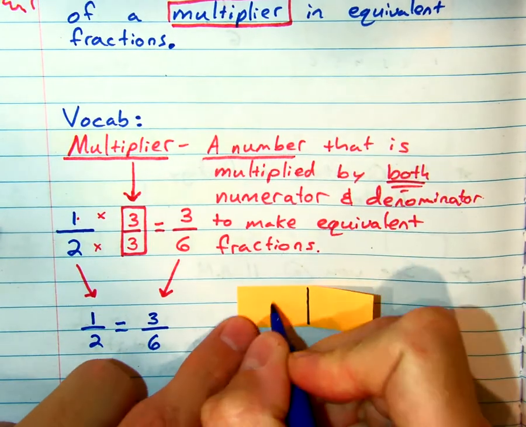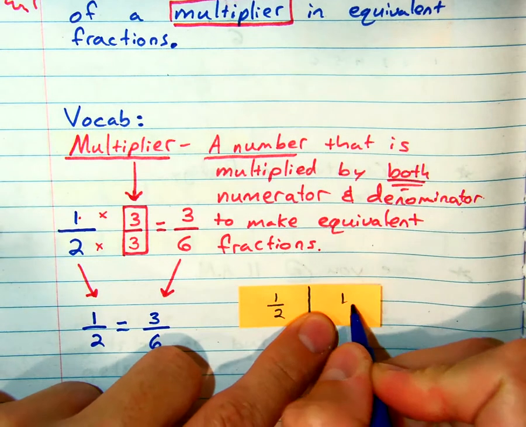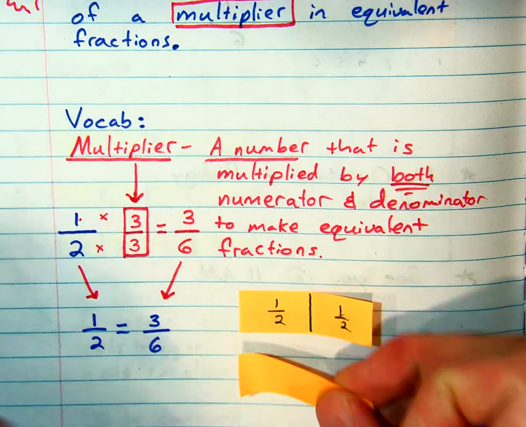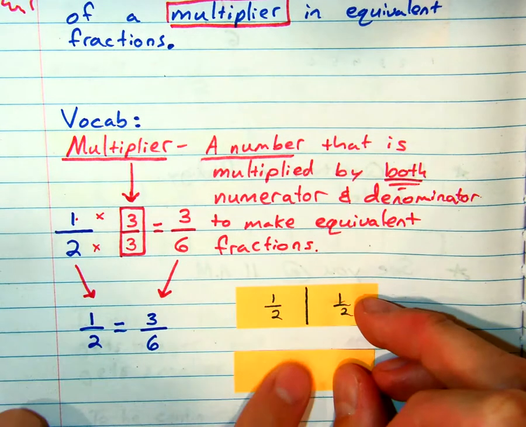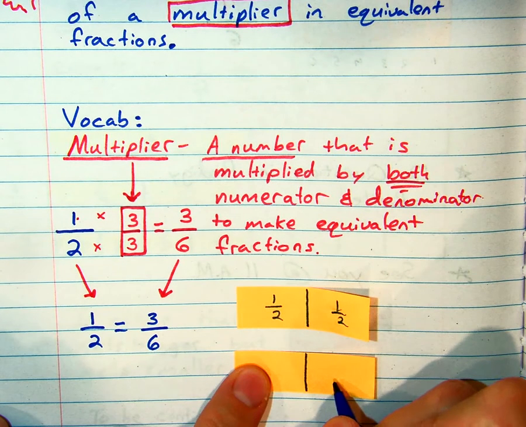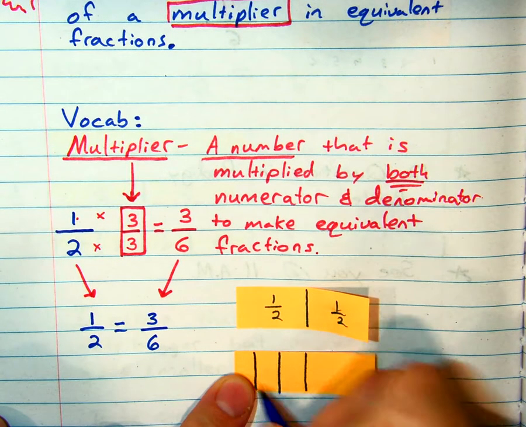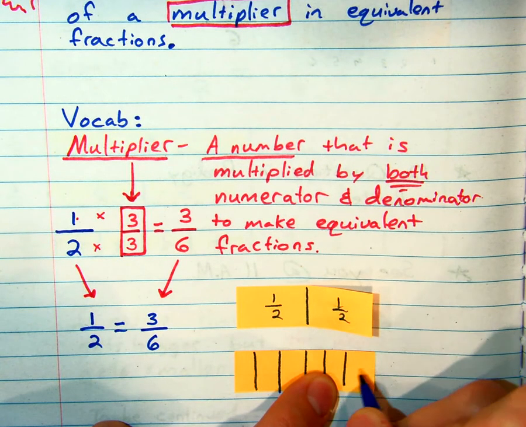So I've got my 1/2, and I've got 1/2. Now I need a denominator of 6, so I need 6 pieces. I'm going to trace down the half. I only have 2 pieces, so I need 3 and 3. 1, 2, 3. 1, 2, 3.